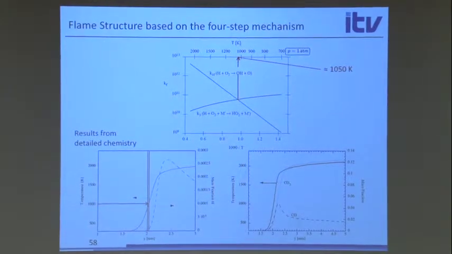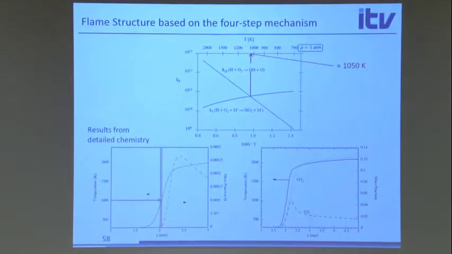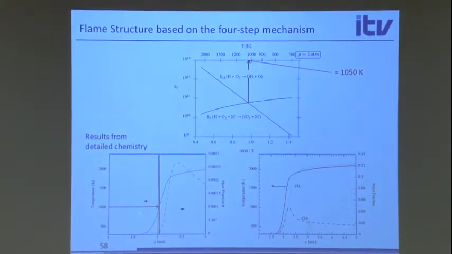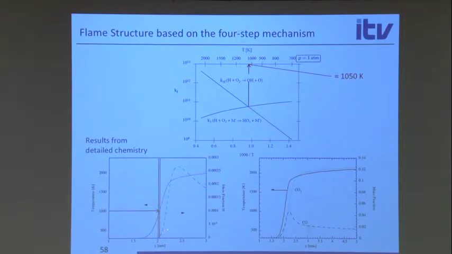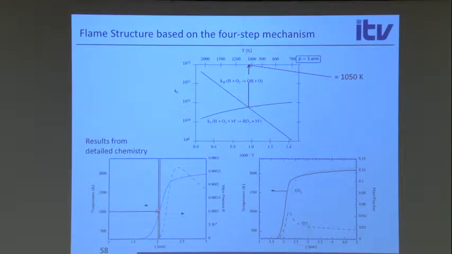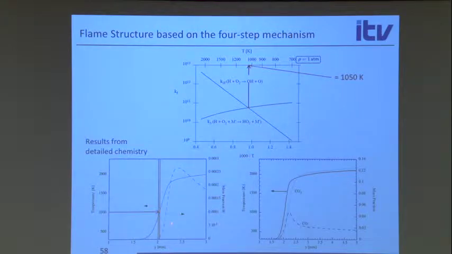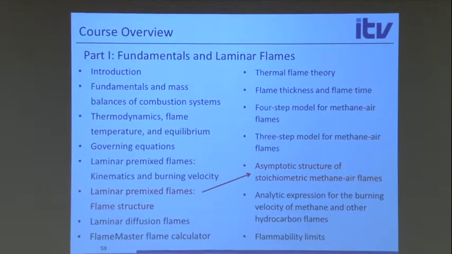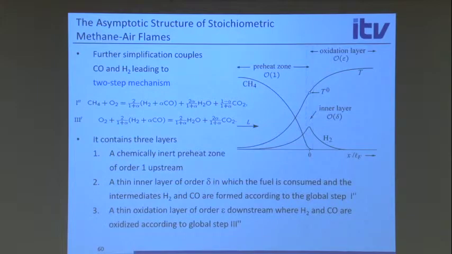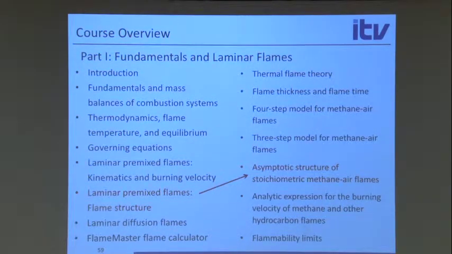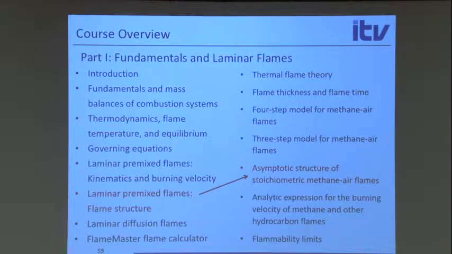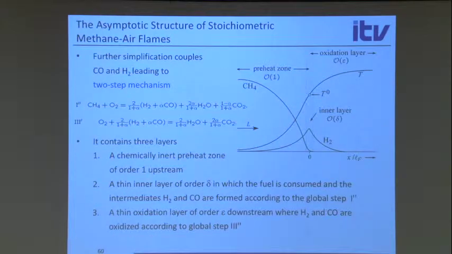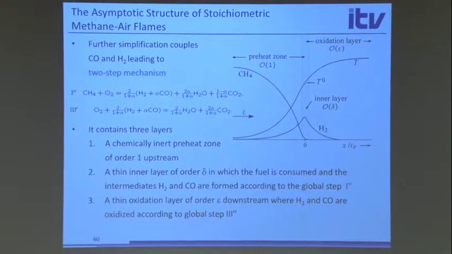I thought I had a plot that shows also the methane molecule, but I missed putting this in here. Maybe I should do this for next time. But you see that hydrogen exactly here at this 1050 goes to 0. Exactly what we assume, what we see from the theory. So that's what the three-step mechanism tells us: just this fact that the hydrogen and methane cannot coexist. As soon as they come together, they react.